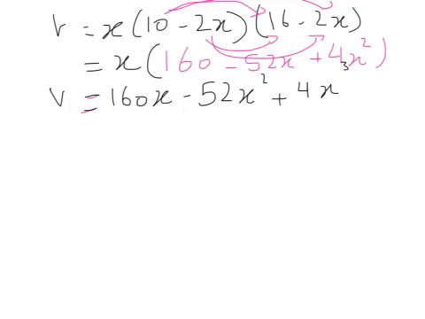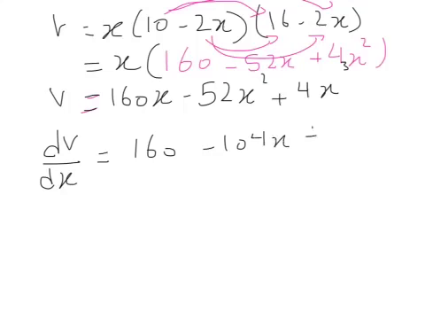Finding the maximum or minimum of anything, we need to find the first derivative. So this way we find dV/dx, and it gives us 160 minus 104x plus 12x squared. That's done in the previous lessons on how to find the derivative.